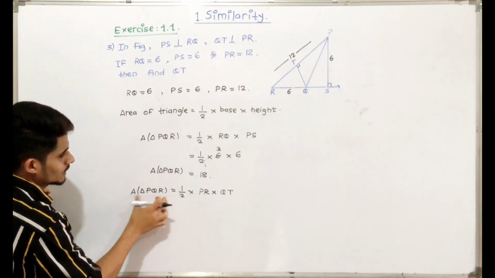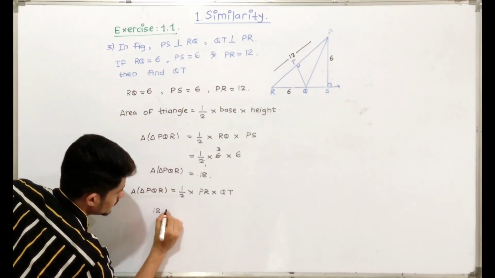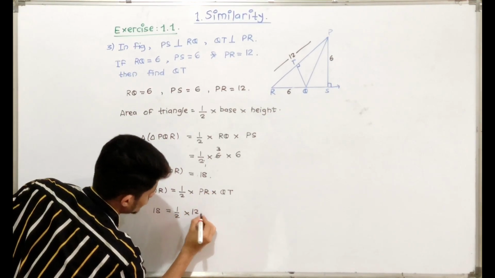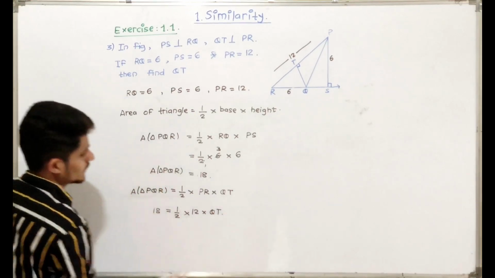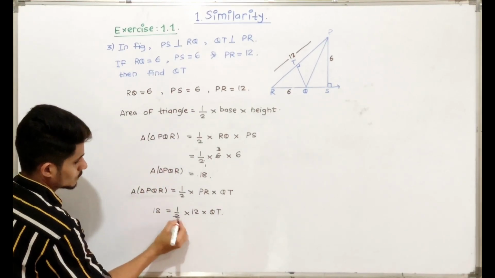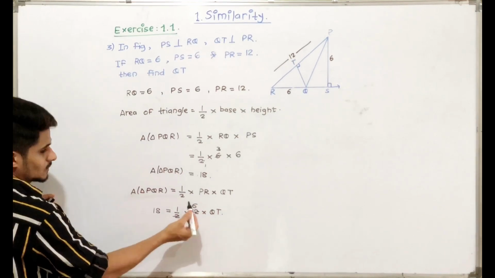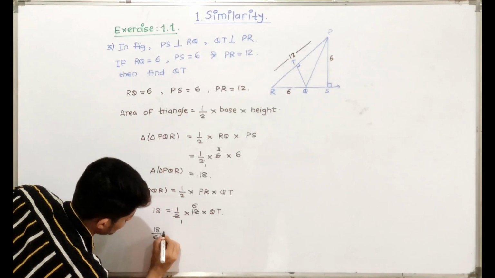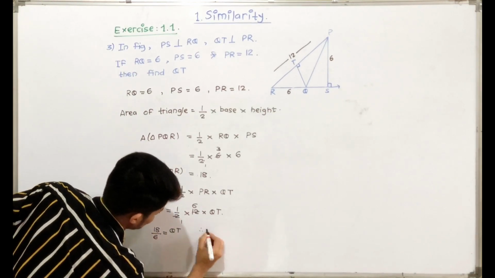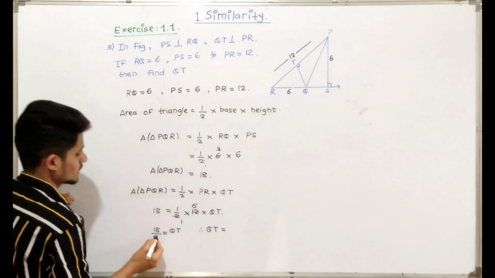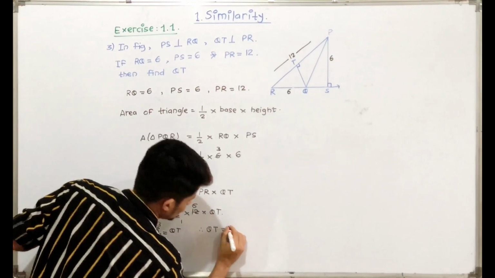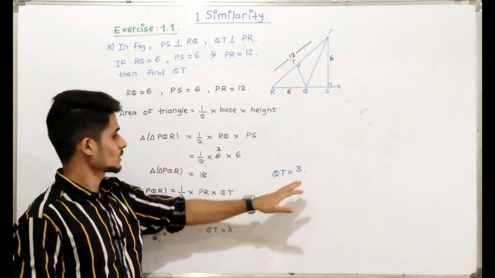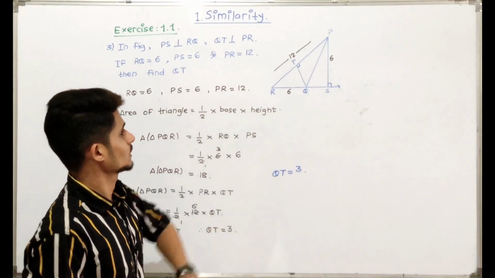We have the area of triangle PQR as 18, which equals half into base PR, which is 12, into QT, which we have to find. So 2 1s are 2, 6 2s are 12... 18 divided by 6 gives 3. So the value of QT is 3 units.